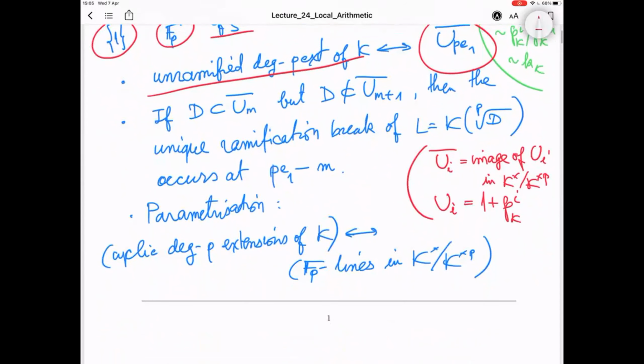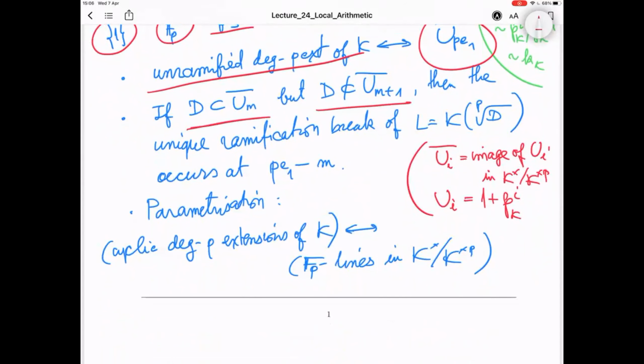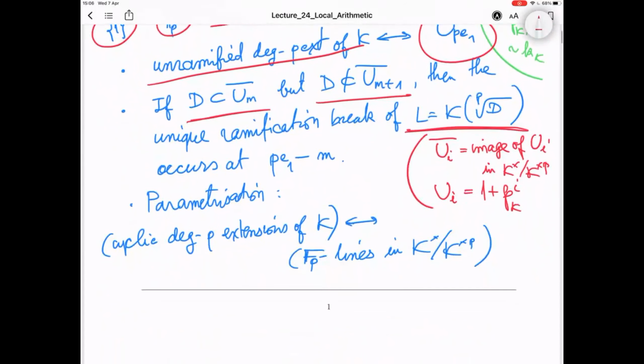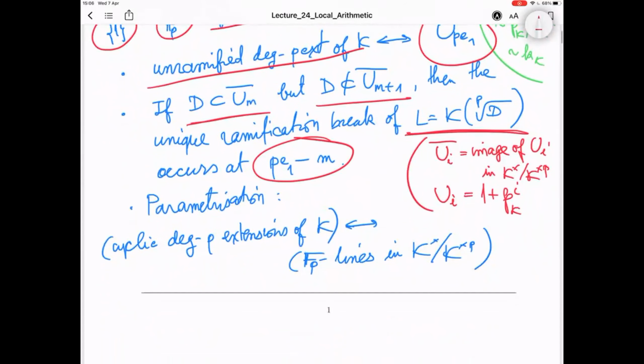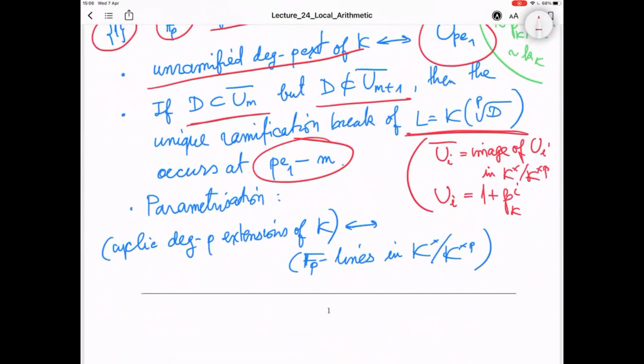If I have some line D which is in Um bar, but not containing U_{m+1} bar, then the unique ramification break of this cyclic extension, which corresponds to D, occurs at pe1 minus m. Here m is allowed to be 0, but it's not allowed to be pe1.